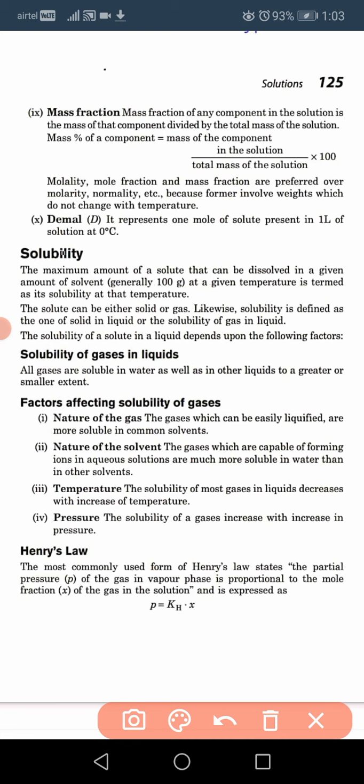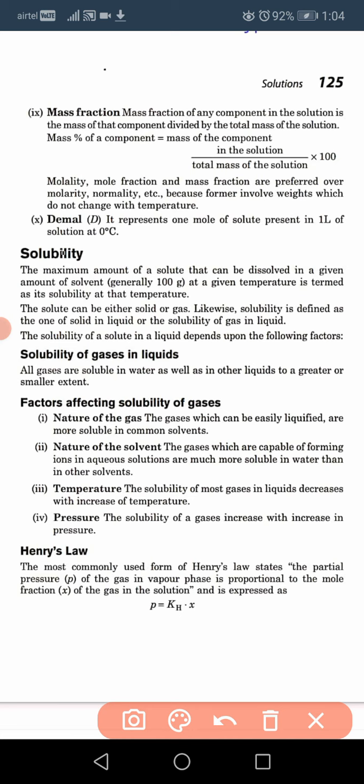For the solubility of gases in liquid, there are a few factors which affect it. First is the nature of the gas, meaning what type of physical force exists between the gas and the liquid.